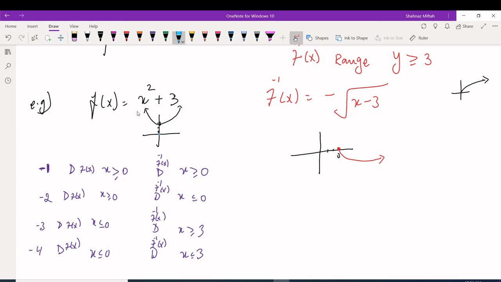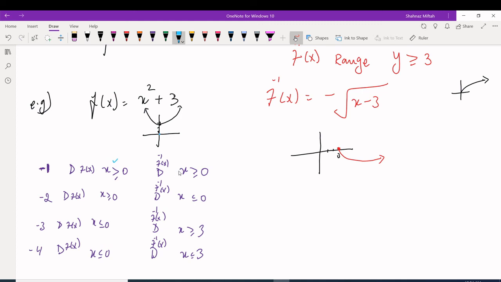I know the domain is negative infinity to positive infinity, but I don't have that choice. The only choice we see is x greater or equal 0. Does it work for the original function? Yes, I'm starting with 0 and going to infinity. So this one works for f of x, so correct.